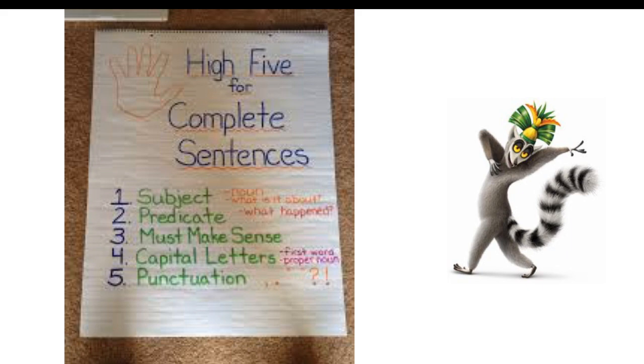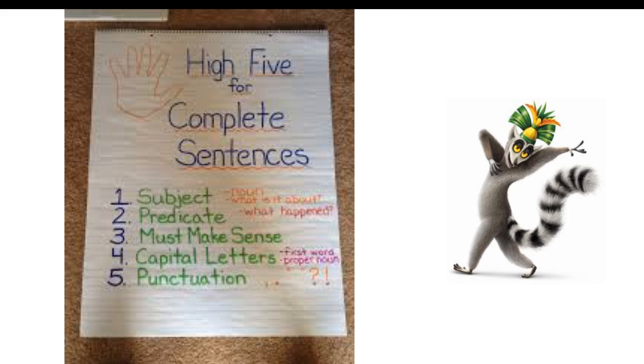It must make sense, and it must begin with a capital letter, and it must end with a punctuation mark, which could be a period, question mark, or exclamation mark. Once again, this is the high five poster for complete sentences. A complete sentence must have a subject and predicate, it must make sense, begin with a capital letter, and finish with a punctuation mark. That will make the sentence complete.